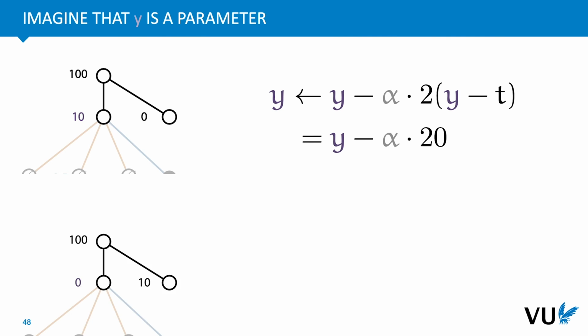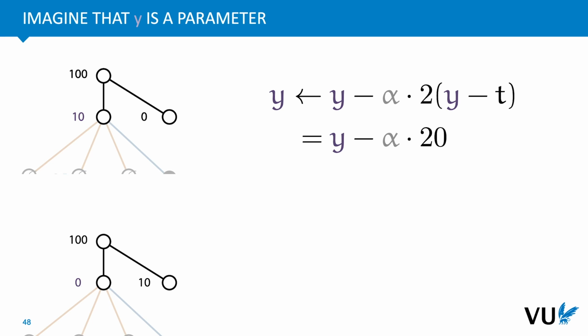Now note that despite the fact that the loss doesn't care about the sign of the difference between the model output and the target, the derivative does care about the sign. So what we see here is we have reversed the situation. The network outputs 0 and the target value is 10. So the output is too low. We note that the loss is still the same value.